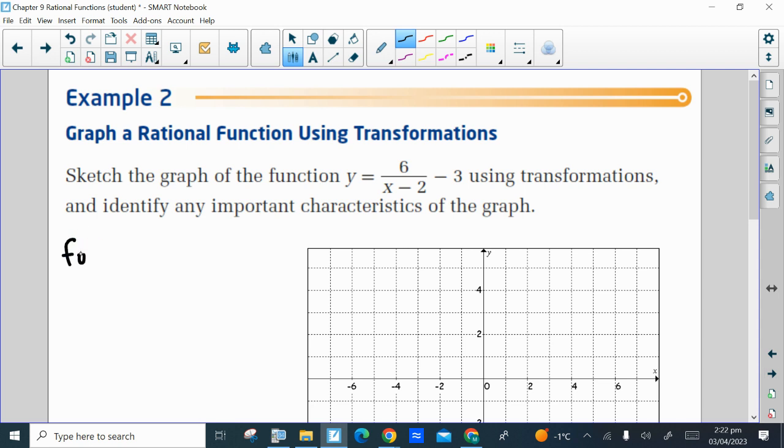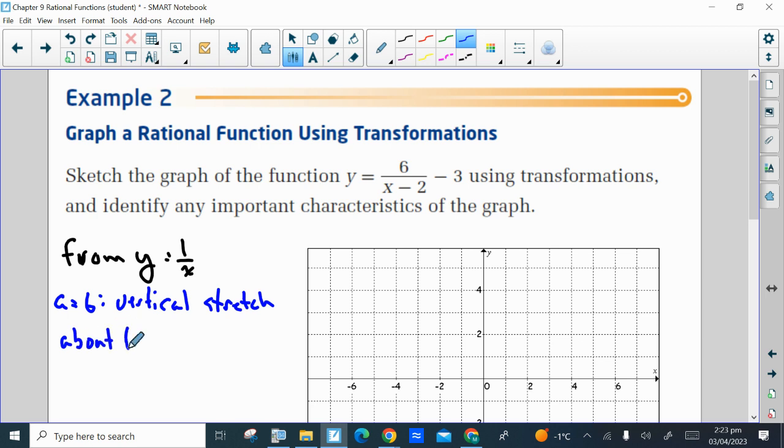So from y equals 1 over x, we've got, again, our a value of 6, which will cause a vertical stretch about, again, the x-axis, by a factor of 6.